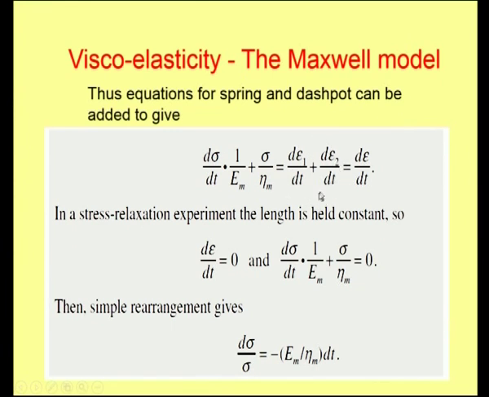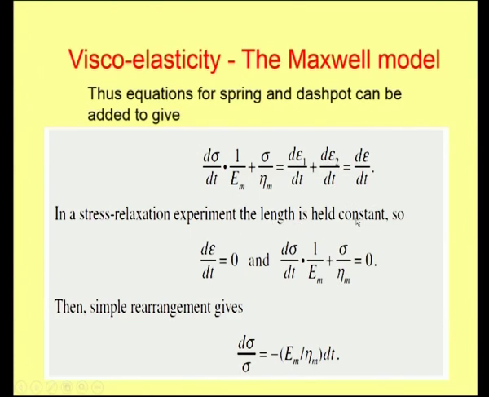Therefore, we add the strain experienced by the spring, dε1/dt, and by the dashpot, dε2/dt, and let it be dε/dt, where ε is the total strain experienced by both the spring and dashpot in a typical Maxwell model.